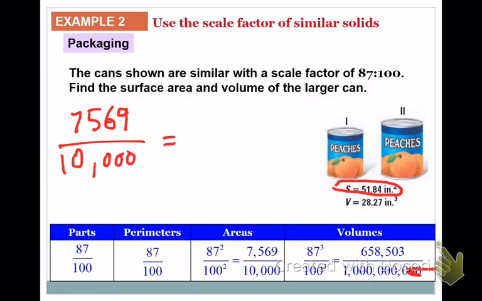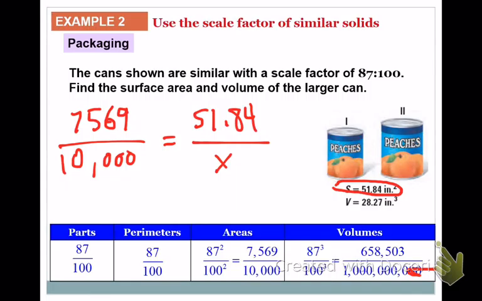So that's going to equal, so this is the surface area of can 1, so we would put that on top, 51.84 over x. We have to find the surface area of the second shape. So we cross multiply and solve.